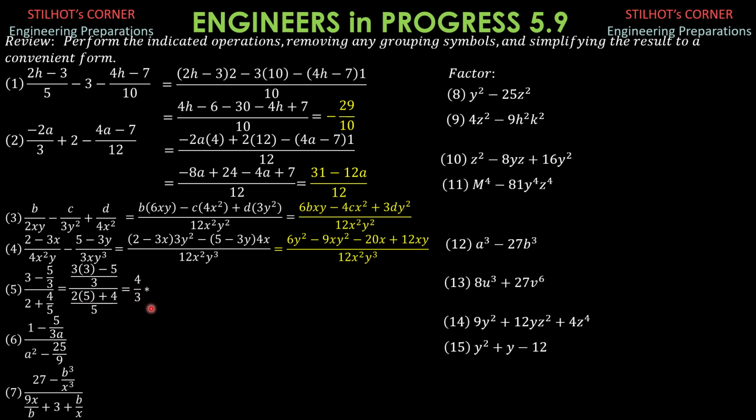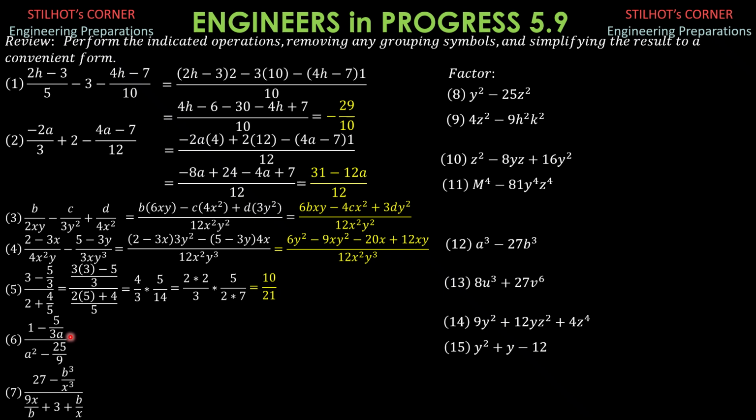So 4 thirds times 5 over 14, and 4 is 2 squared, 14 is 2 times 7. So 2 times 2 over 3 times 5 over 2 times 7, we can only cancel 2 and no more. So 2 times 5 is 10, 3 times 7, 21. So the final answer is 10 over 21.